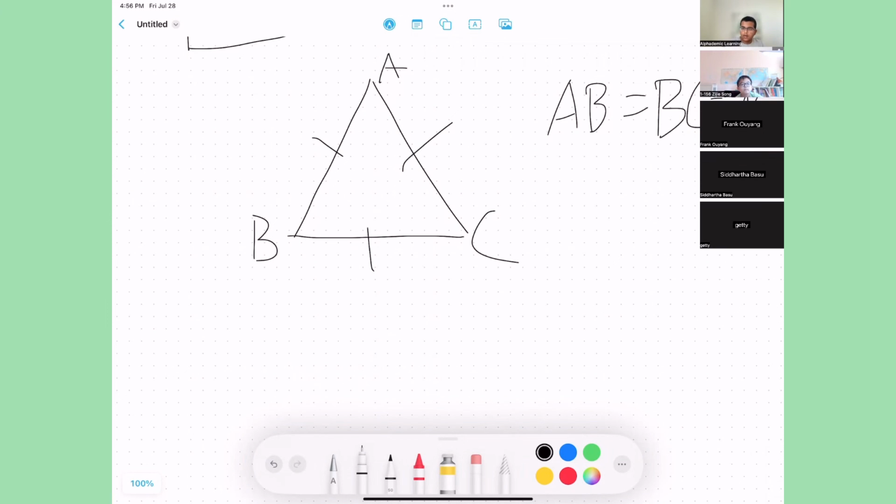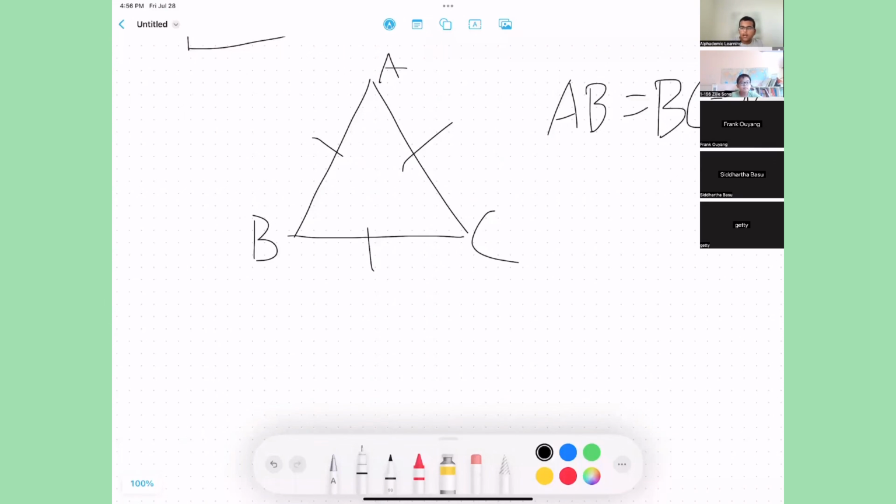And does anyone know what the angles are? They're all the same. For any equilateral triangle, every angle is 60 degrees, because 60 multiplied by 3 is 180, the sum of the angles.